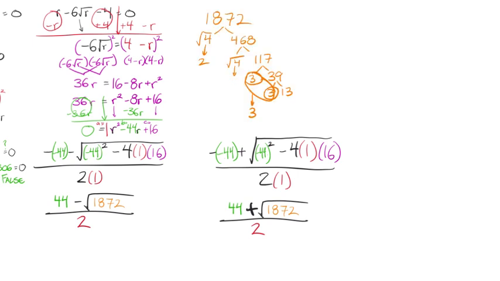Whoops, I wrote that down as a 4. Okay, so these values right here, 2 times 3, are now going to be on the outside of that square root. So let's go ahead and come back down, and let's rewrite what we have now.